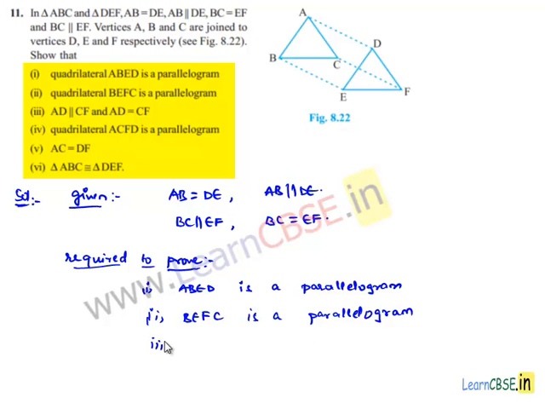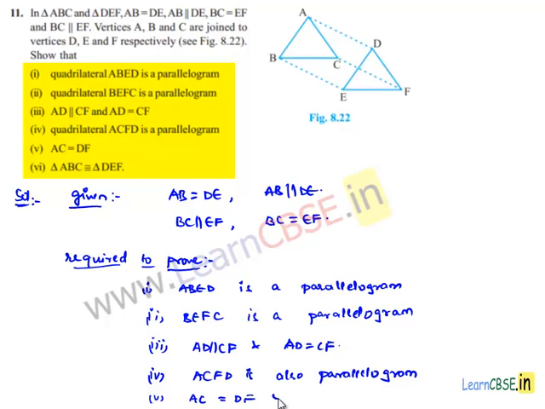Third thing, AD is parallel to CF and AD is equal to CF. Fourth, ACFD is also a parallelogram. Fifth, AC is equal to DF. And sixth, triangle ABC is congruent to triangle DEF.